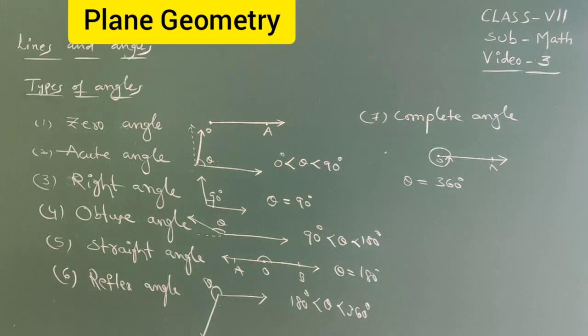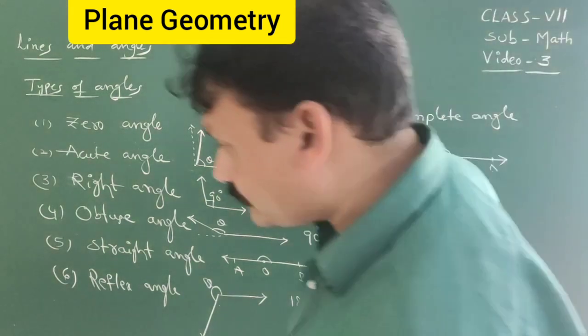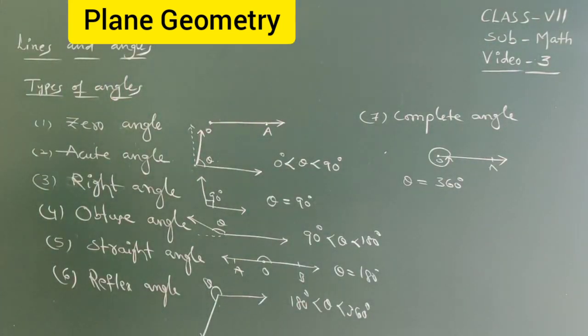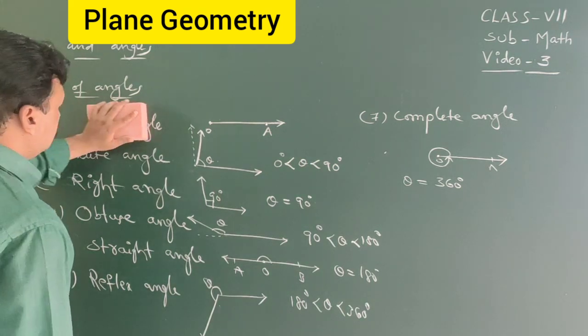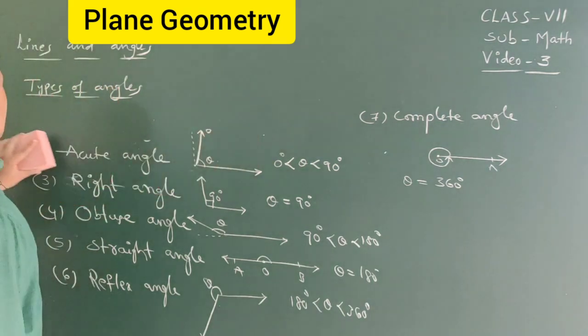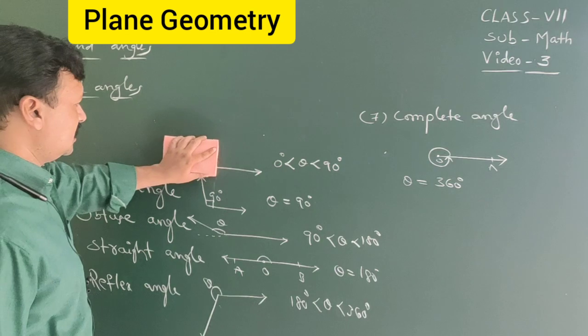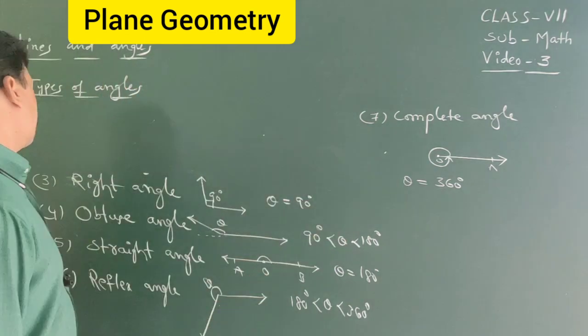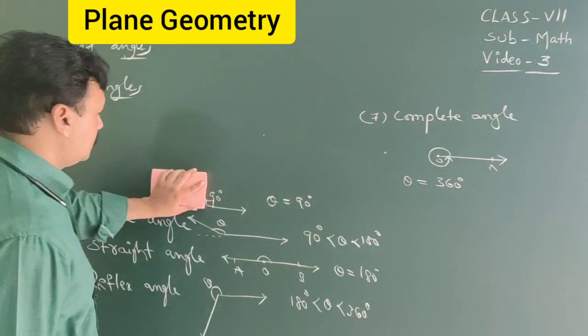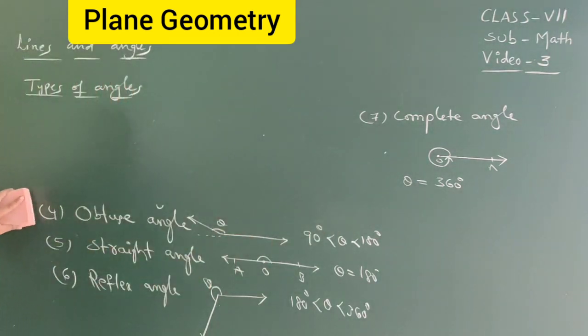These are the types of angles. These we already learned in earlier classes. So next, zero angle. Acute lies between 0 and 90. Right angle is 90 degrees.